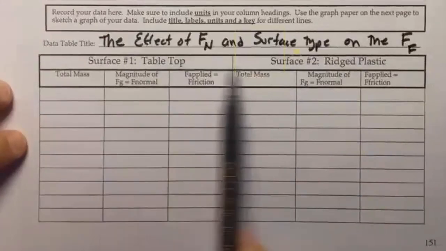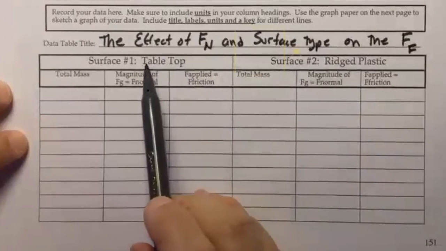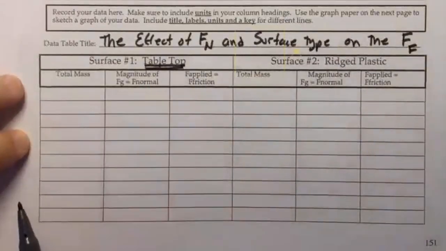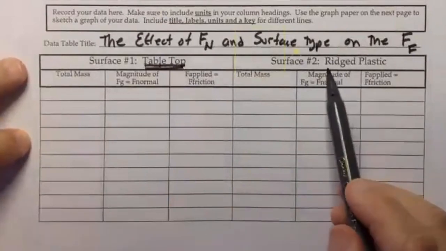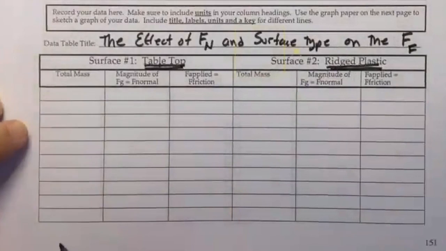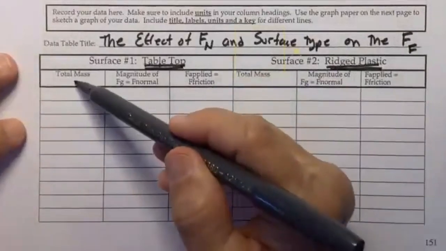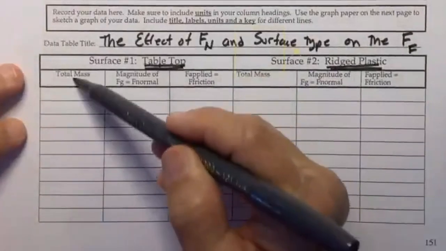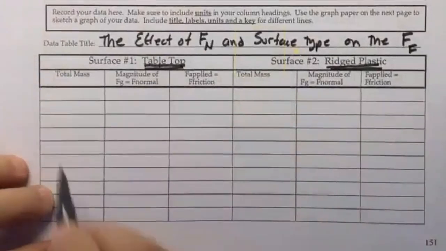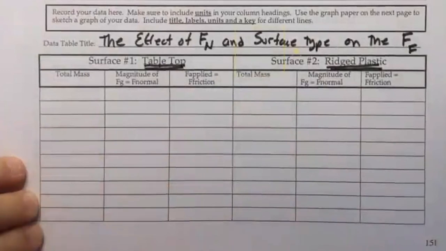So you've got two sides to our data table. The left side is where we're going to record our information for the tabletop, and the right side is going to be where we record our information for the ridged plastic. What we're going to do is vary the mass, which we will physically do.